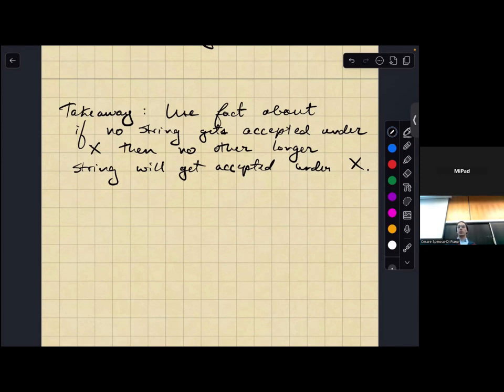Is it always true? For assignment 4 Turing machines, yes. And on the exam, sure.